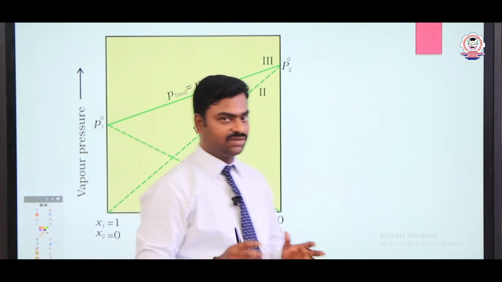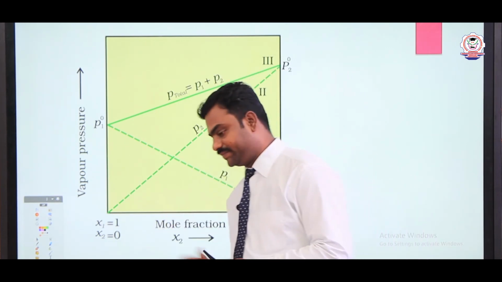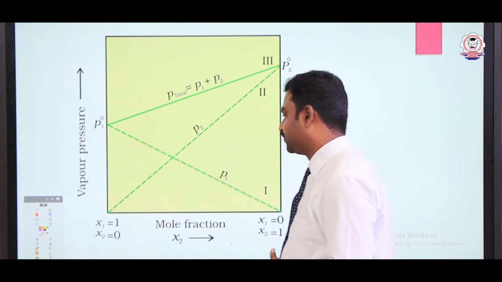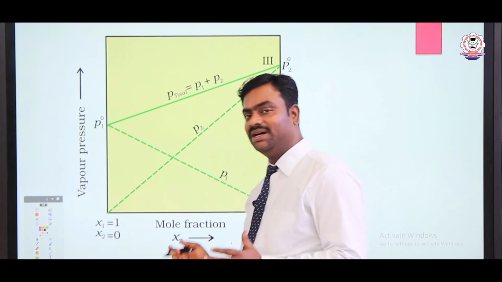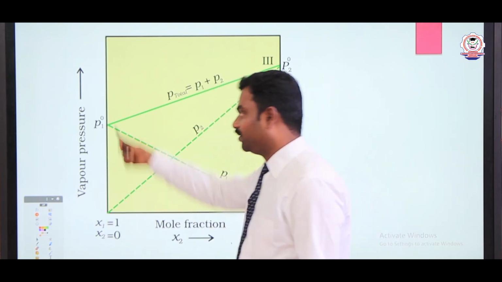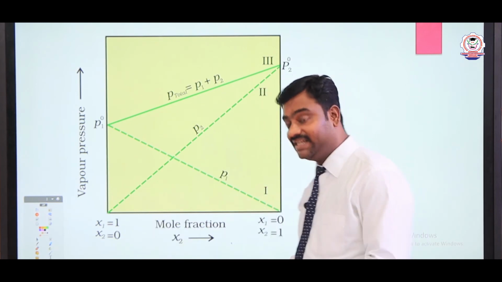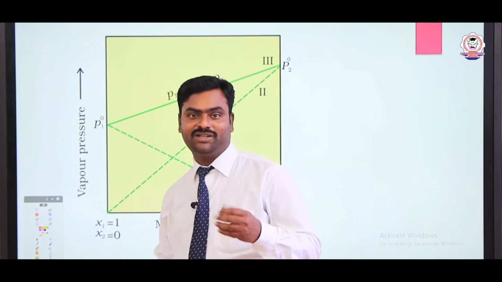Now here also we are going to represent a graph. See here, the vapor pressure on the y-axis and the mole fraction on the x-axis, the same as our Henry's law. But here we have two liquids, both having different mole fractions.